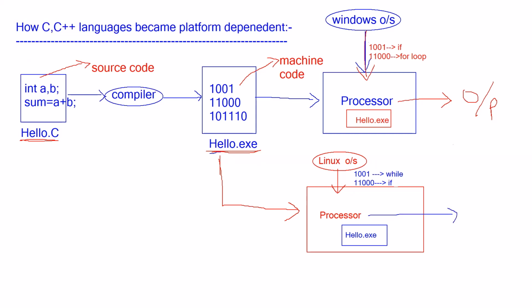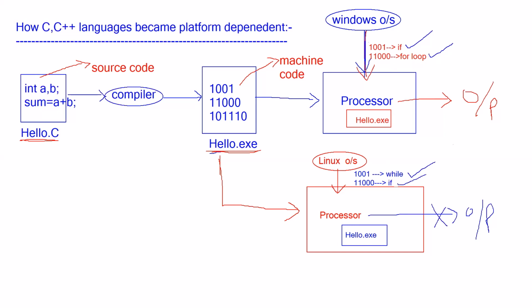But it cannot run the file. Why? Because the operating system instructions to the processor on the Windows machine and on the Linux machine are not the same. They are different. Here 1001 tells the processor to consider it as a while loop, and here 11000 says to consider it as an if statement, whereas in Windows it was a for loop.